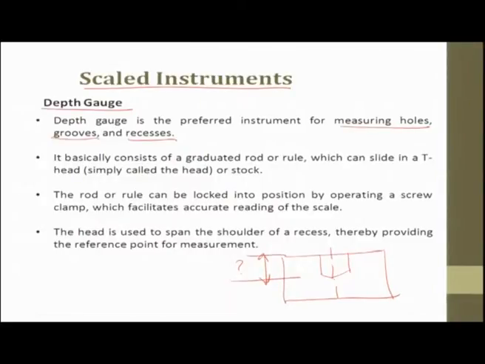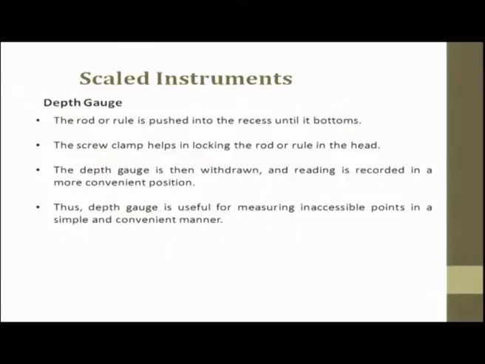It basically consists of a graduated rod or rule that can slide in a T-headed stock. The rod or rule can be locked into position by operating a screw clamp, which facilitates accurate reading of the scale. The head is used to span the shoulder of the recess, therefore providing a reference point for the measurement.